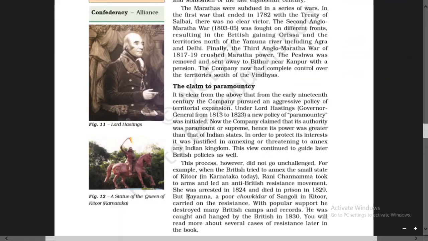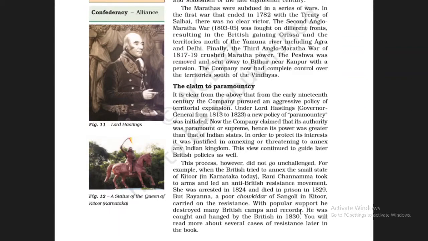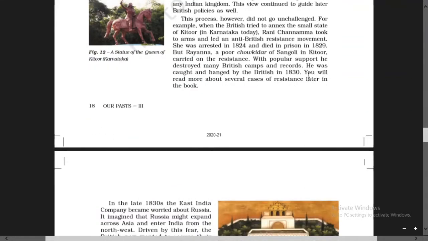But Rayanna, a poor chowkidar of Sangoli in Kittur, carried on the resistance with popular support. He destroyed many British camps and records. After Rani Channamma's death, this is what happened.